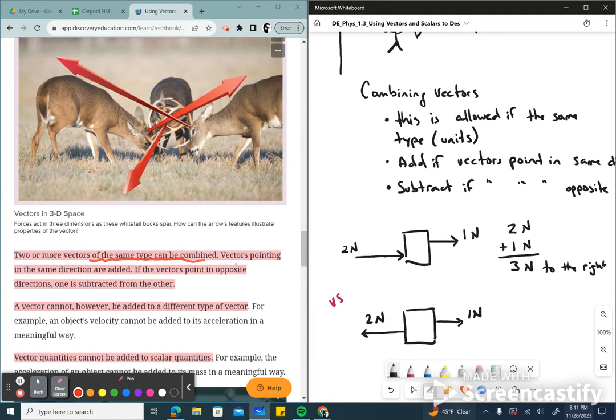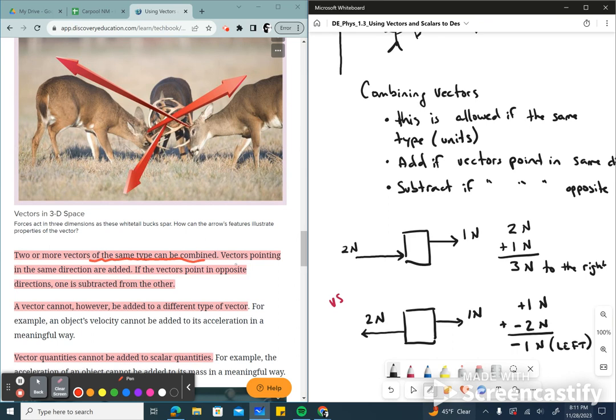I have a positive 1 Newton plus a negative 2 Newtons because it's going to the left. And the difference, the net force, is a negative 1 Newton, to the left, right? Notice how this is basically a subtraction problem. When you add opposite signs, you're basically subtracting.